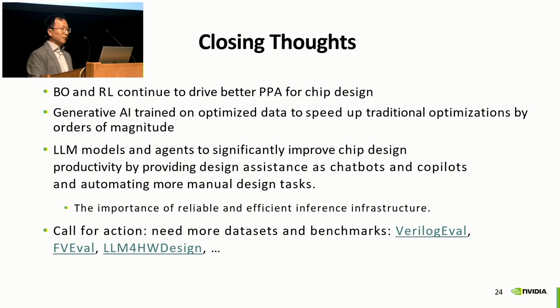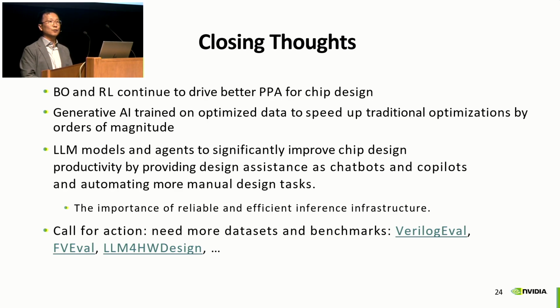And I want to finally take this opportunity to call for action. LLMs are so useful for chip design, but we don't have a lot of datasets or benchmarks out there to help the research community come up with new ideas and evaluate their ideas. So if we can create more datasets and benchmarks, it will be very helpful to move this field forward and benefit everyone.